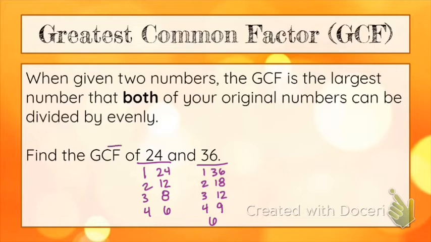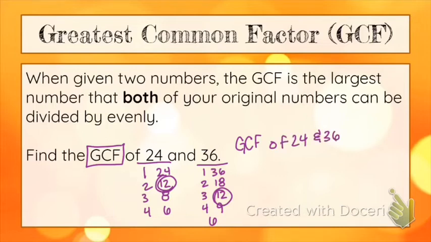So to find the greatest common factor, we want to look for the biggest number that shows up in both lists, and that number is 12. The greatest common factor of 24 and 36 is 12. That's the biggest number that goes into both of these evenly.